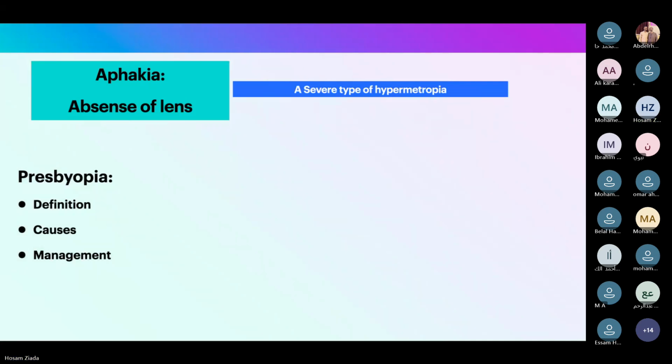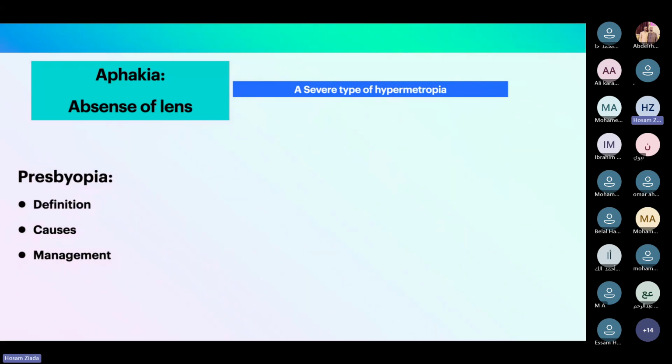Right? Decreased power equals hypermetropia. With aphakia I removed around 17 to 20 diopters of the refractive power of the eye. But very low power, so very high hypermetropia. Okay, types of correction.